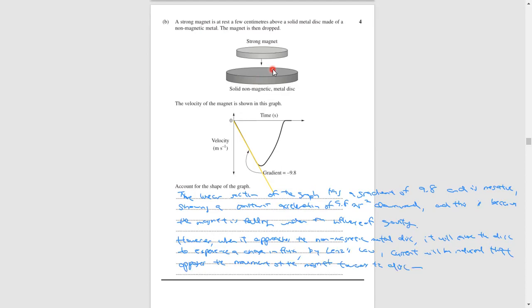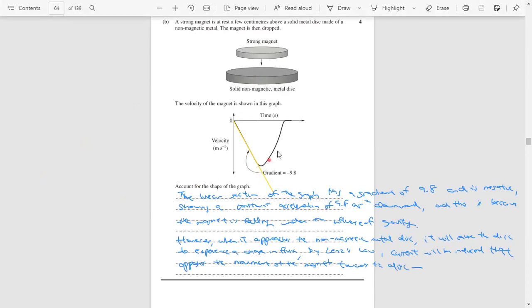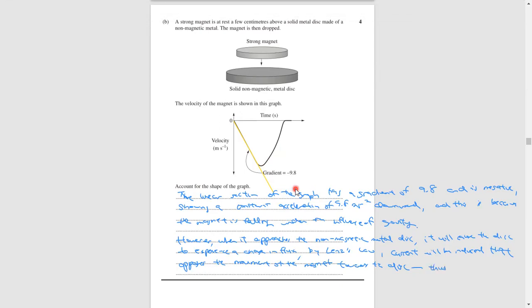And that therefore will decelerate the magnet.